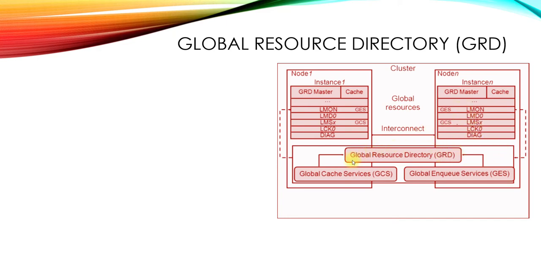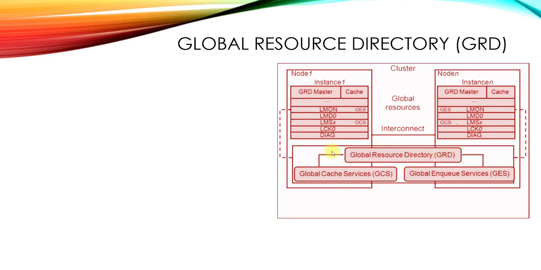These are huge terms when we talk about global resource management. So this is the global resource directory, GCS, global cache services, and global enqueue services. You see that it's an intersection between the two nodes, so it runs using the interconnect.